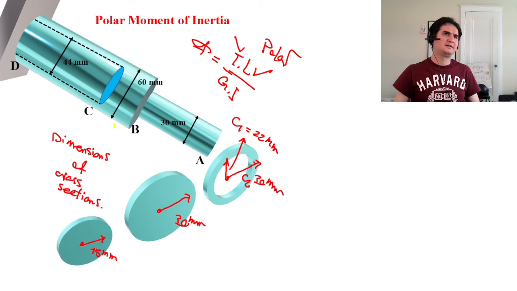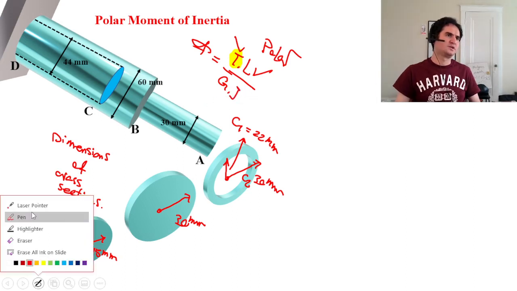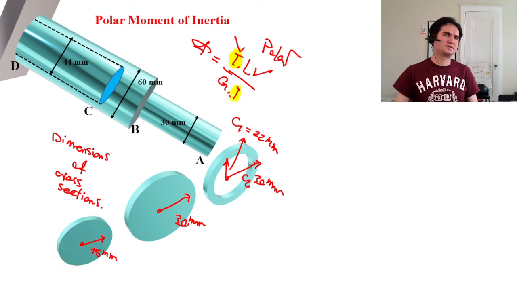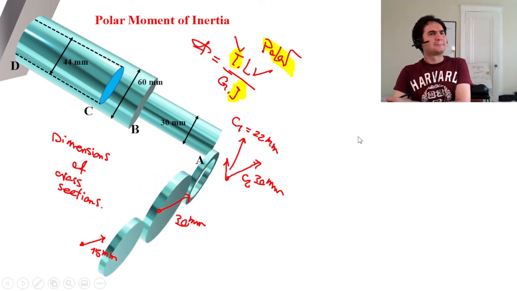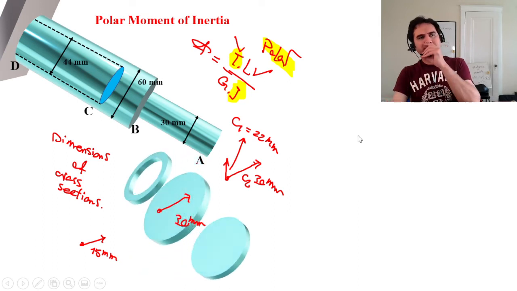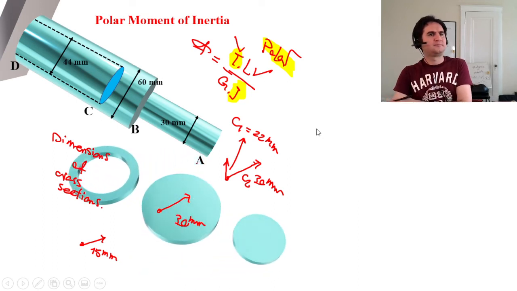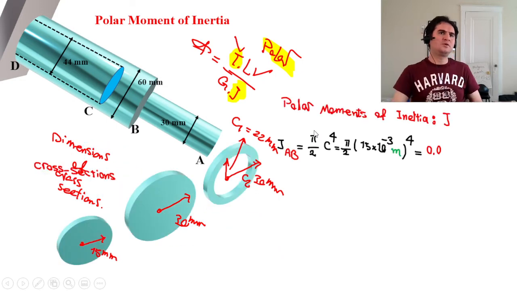So far we have calculated the torsional torque from the free body diagram for the different parts. The other part is the calculation of polar moment of inertia for the different sections.